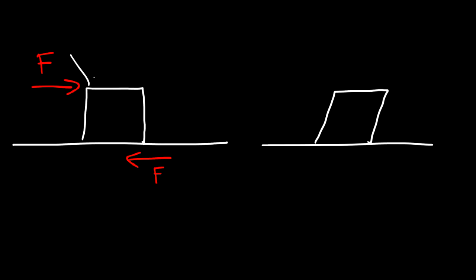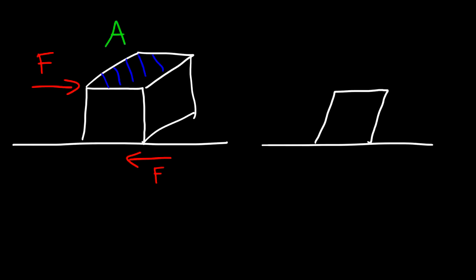Now let's turn this into a 3D structure. So this is the cross-sectional area. That's A. And this is the original length.